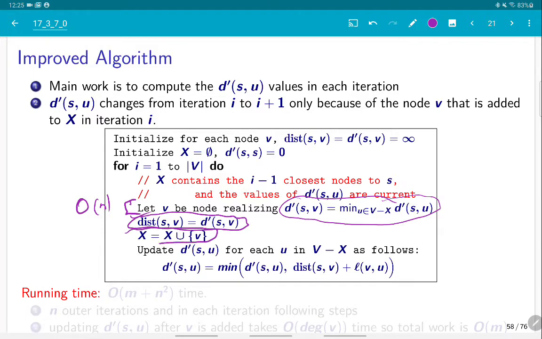We add the vertex V to the set X. And now we have to update all the outgoing distances, but now we are doing it only for the edges outgoing from V, right? So for every vertex U, we look if there is an edge between V and U, and we update the candidate distance for that. Namely, we have to scan all the edges outgoing from V, so this is going to take time proportional to the degree of V, right?